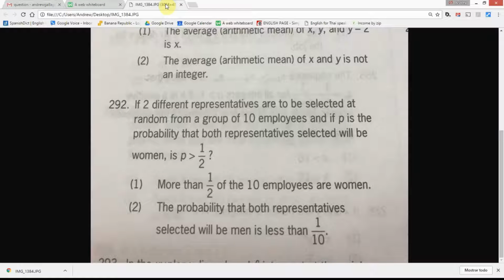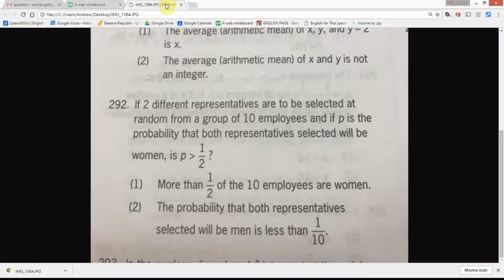If two different representatives are to be selected at random from a group of 10 employees, and if P is the probability that both representatives selected will be women, is the probability greater than 1/2? So let's find out what the minimum number of women necessary is to have a probability greater than 1/2.